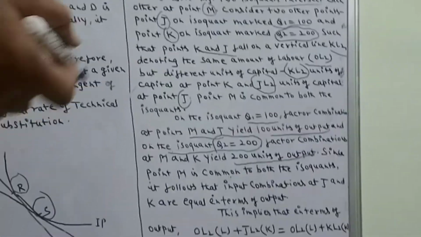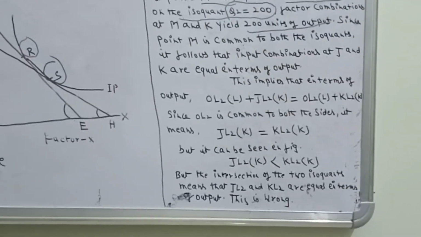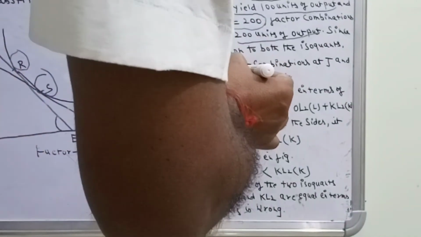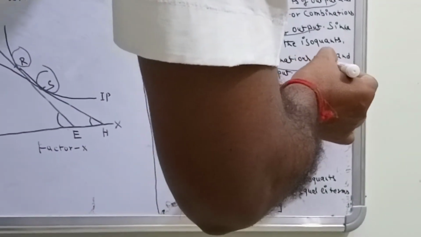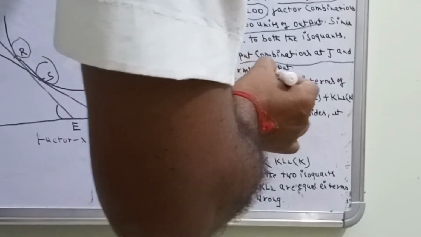Since point M is common to both the isoquants, it follows that the input combinations at J and K are equal in terms of output.